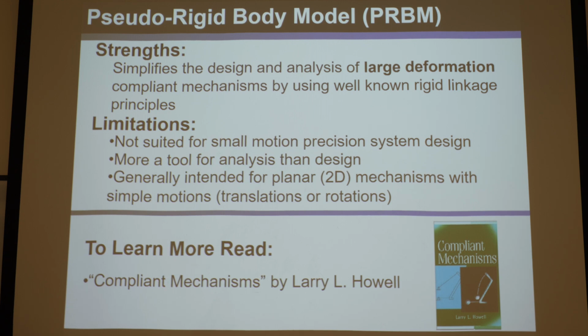Whereas pseudo-rigid body model looks like a traditional, clean, nice linkage, the old school rigid mechanisms, except it's single piece with compliant hinges and these kind of joints instead of pin joints. And so you can just look at a mechanism and know what approach designed it. Okay, so it does kind of put you into a certain hole, or a certain type of mechanism you're going to generate depending on the approach you choose to generate it.